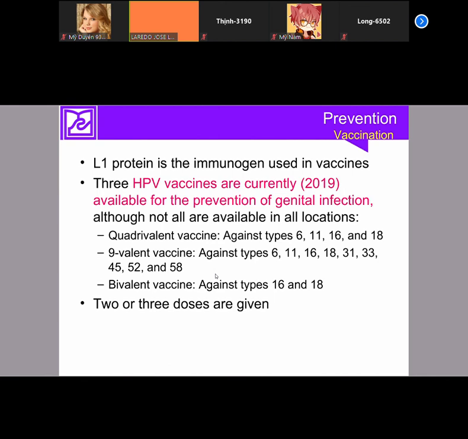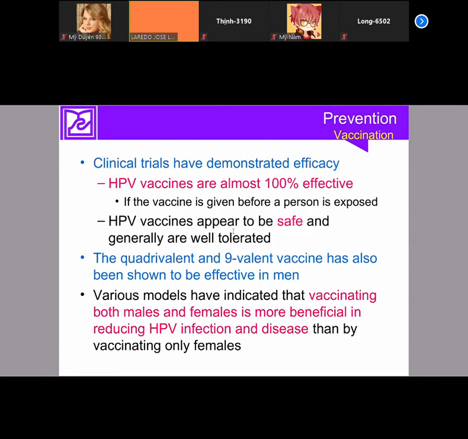This vaccine is given in 2 doses or 3 doses, depending on the age of the recipient. If you are interested in the dose, at the end of the presentation in complements for better understanding, I show you how to give these vaccines. These vaccines have proved to be very effective, 100% effective, and very safe.